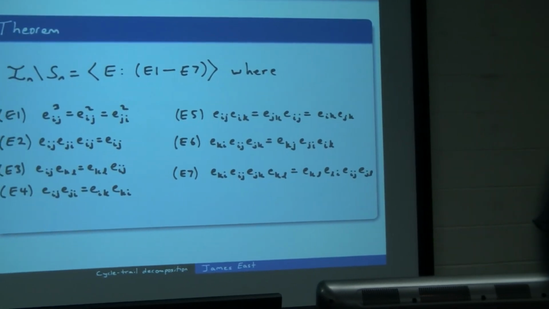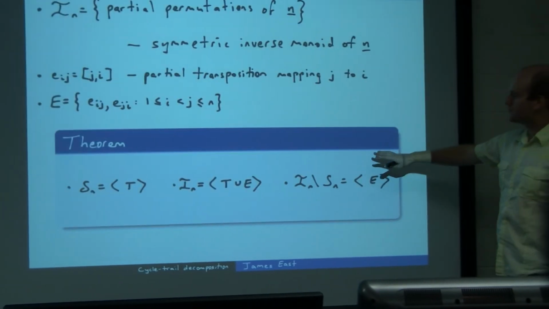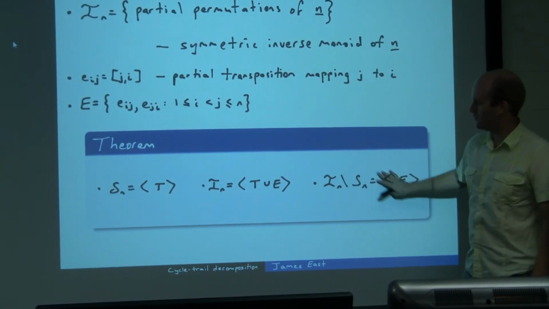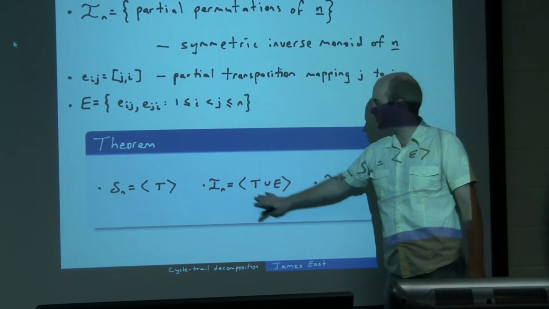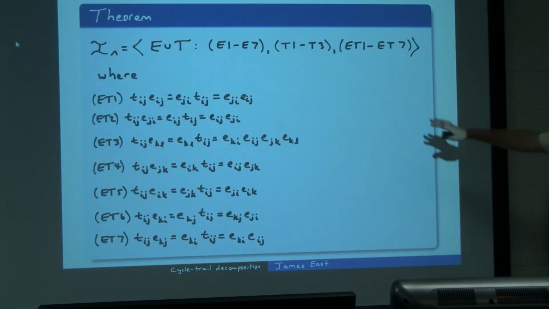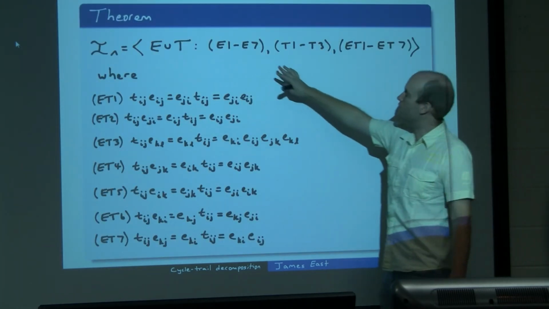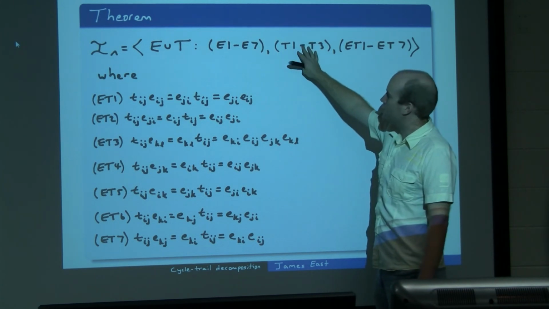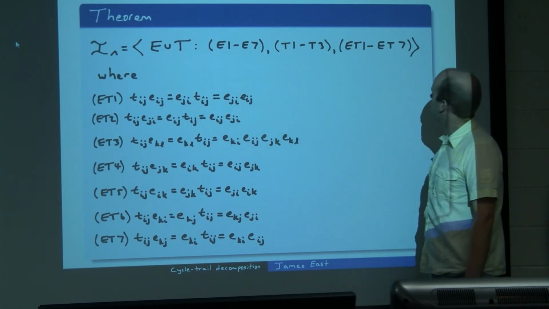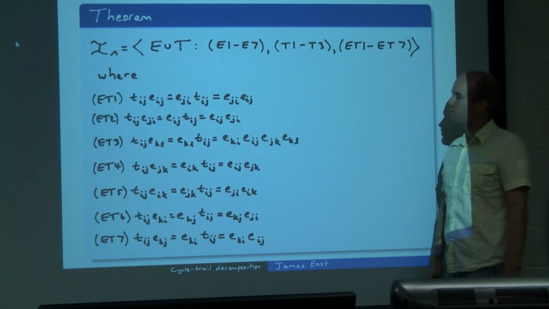Just going back to the previous slide, I've told you about basically the symmetric group, the singular thing at the ends, and told you that the I_n is somehow made up from those 2. And the completion of the story is that basically if you want to get relations for these things, you just put the relations for the E's and T's together, and then you put these extra relations that I won't go into that tell us essentially how to combine the E's and T's.